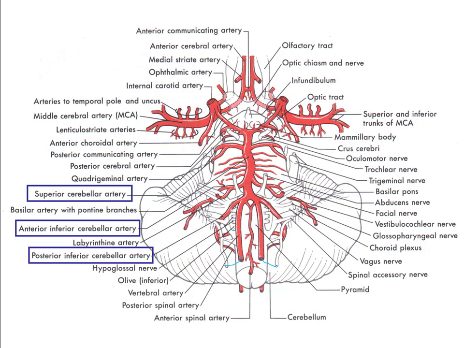We can see the branches that give rise here, find my dot, to the anterior spinal artery that will turn and travel down the cord. We have two vertebrals that are going to fuse at the midline and give rise to the basilar artery. Is it labeled? Must be labeled someplace. Basilar.